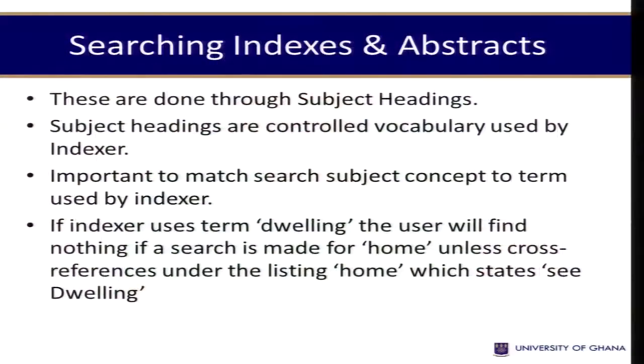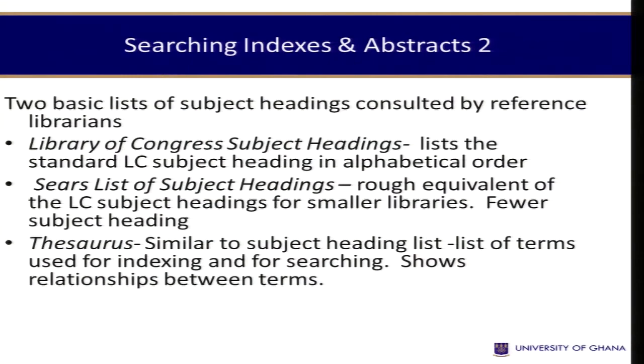Most indexers are aware that we speak naturally, and so a natural language term is what you will use to search the index. So a good indexer will provide a reference from the natural language term to the term that the indexer prefers, or the term that the indexer has used in his indexing periodical. There are two types of subject headings which can be consulted to compile your index.